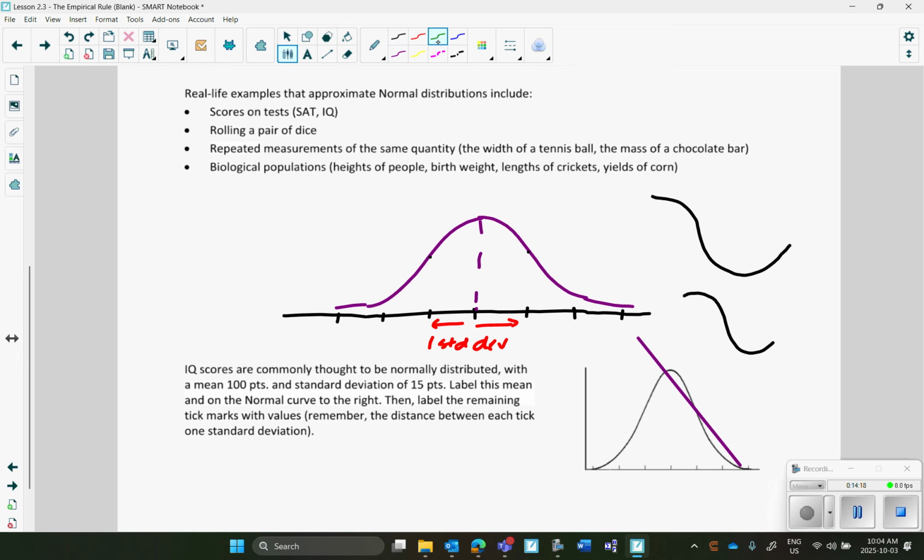This would be two standard deviations above and below. And this would be three standard deviations above and below.